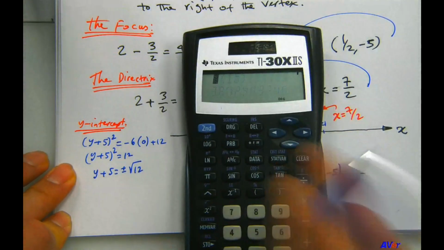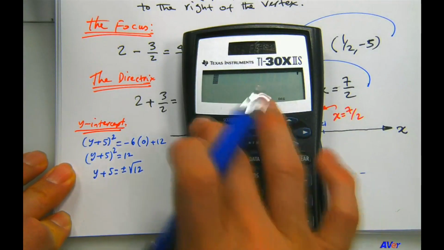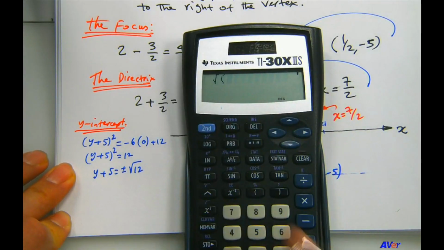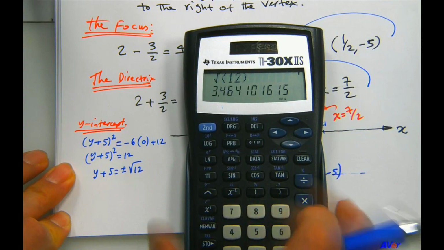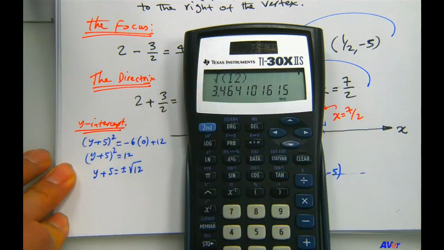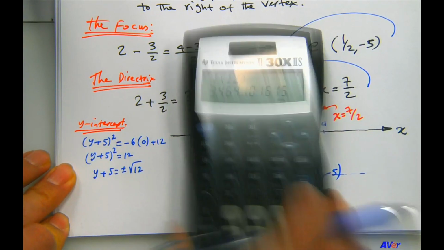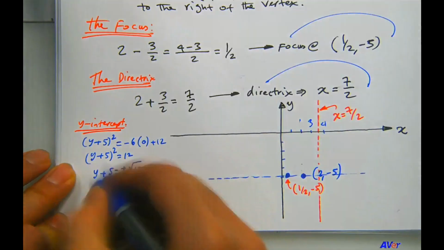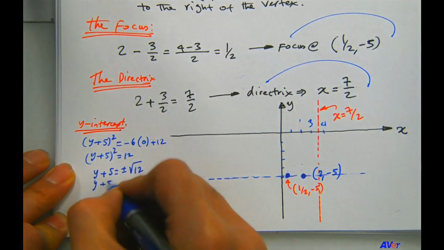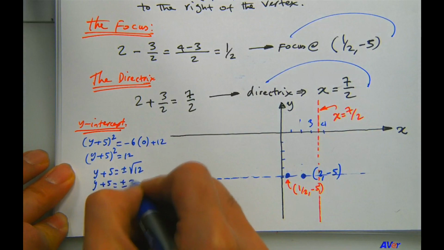So square root of 12, it's let's say 3.5, right? 3.5 plus or minus 3.5. So this would be plus or minus 3.5.